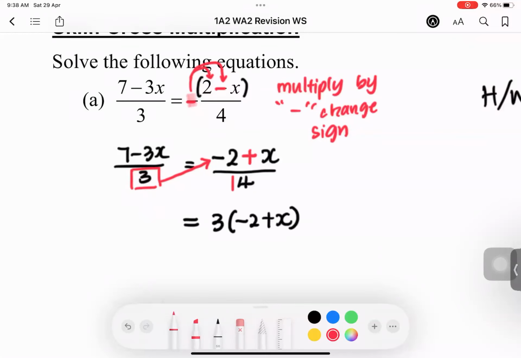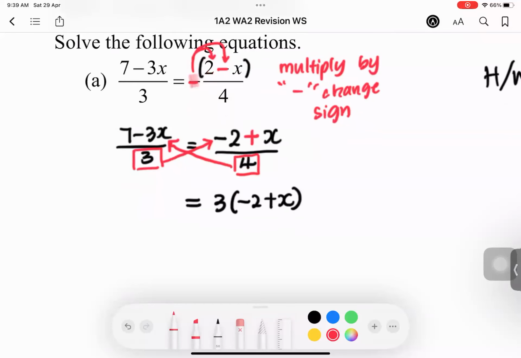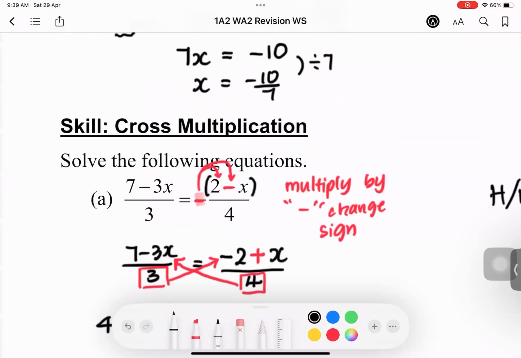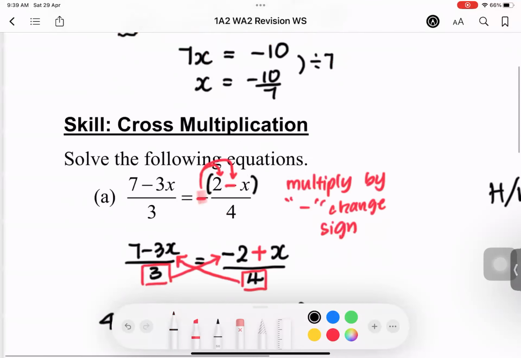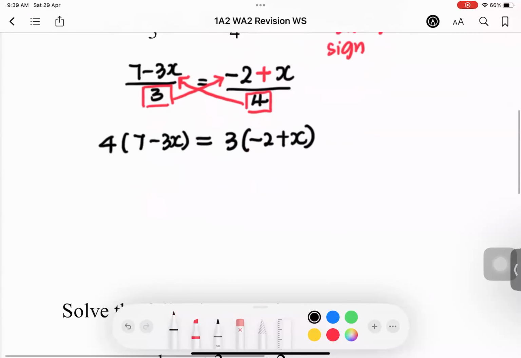Then next one, 4 will cross and multiply over to the whole of 7 minus 3x. Then this portion will look exactly similar to the questions like that, right? So this is your basic skill. This is the advanced skill. So we are going to expand this. Remember to do it to both, the front and the back.